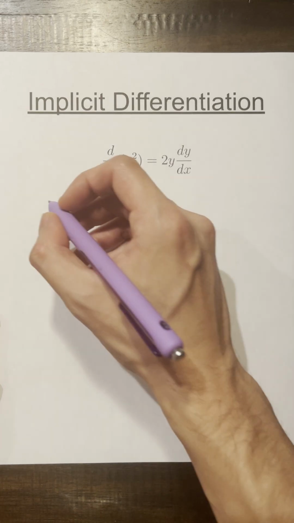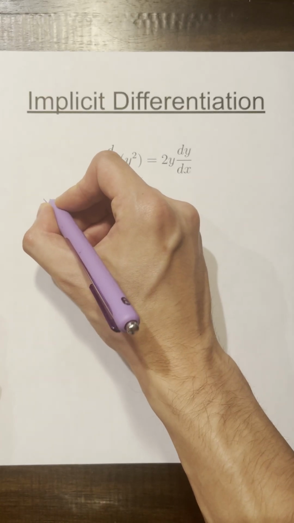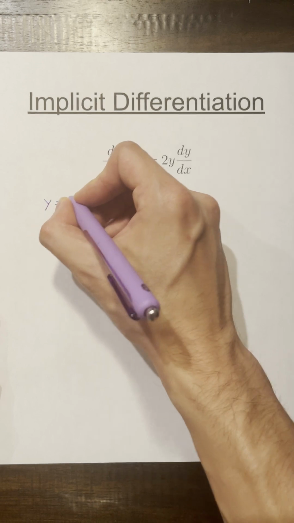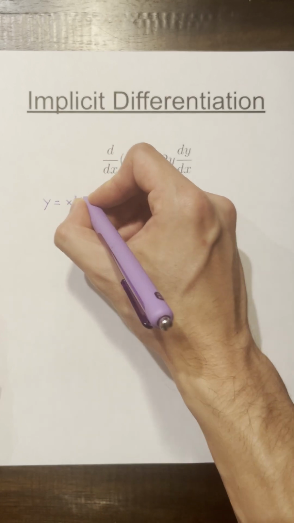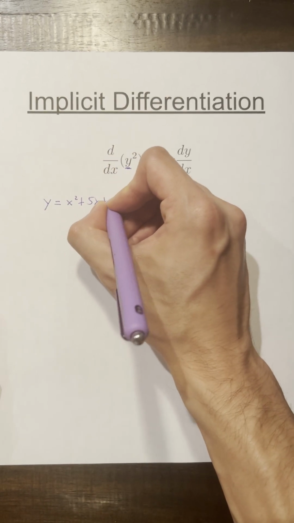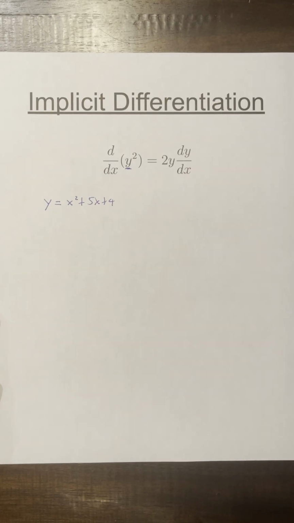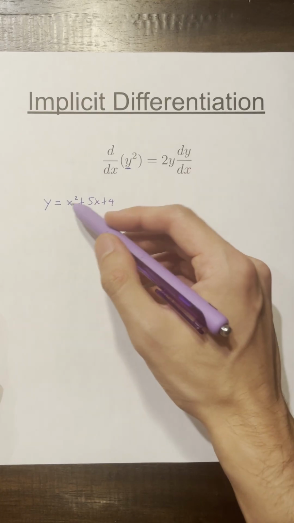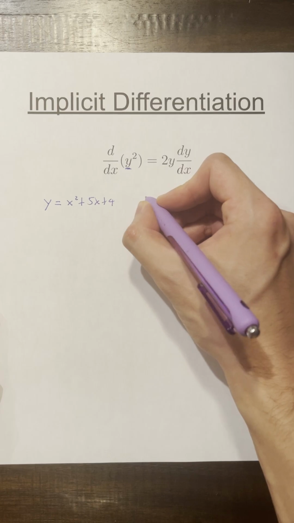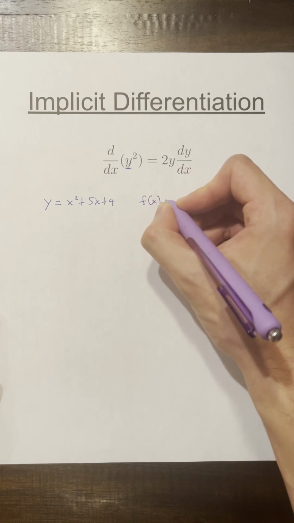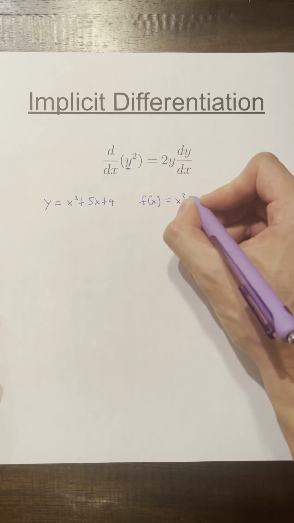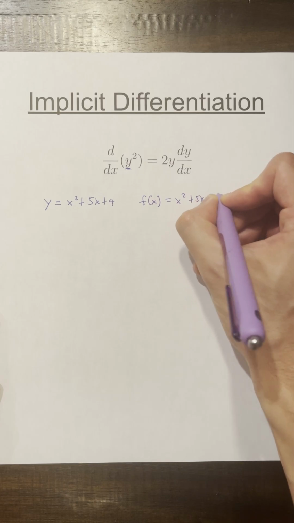Well, if you go back to algebra 2, do you remember seeing functions like y equals x squared plus 5x plus 4? You'd also see it written like this sometimes: f of x is equal to x squared plus 5x plus 4.